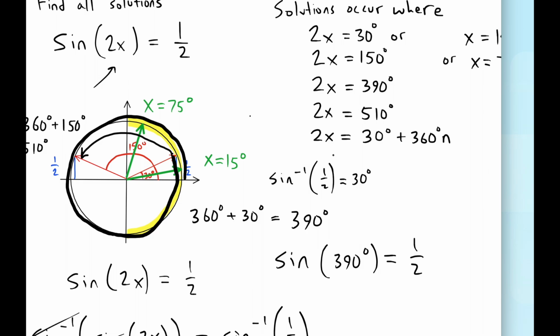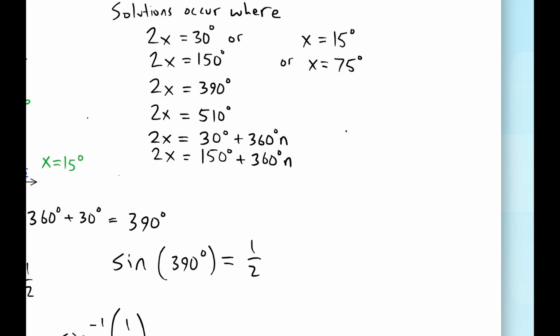Now let's write the other one. The other possibility is we could be at 150 degrees plus 360n. Alright, so this is just a clever way of writing all the possibilities that would satisfy this equation. Now we can solve by dividing by 2, and we can get x alone.